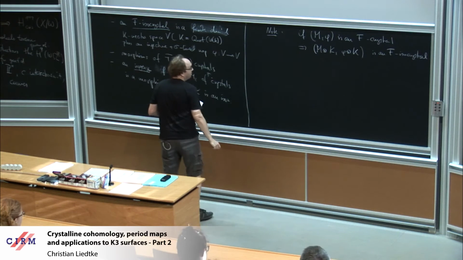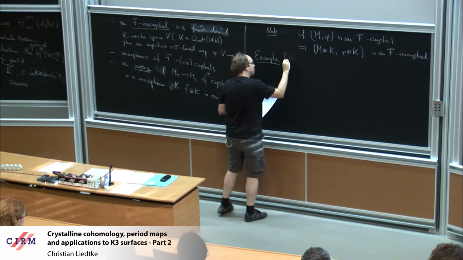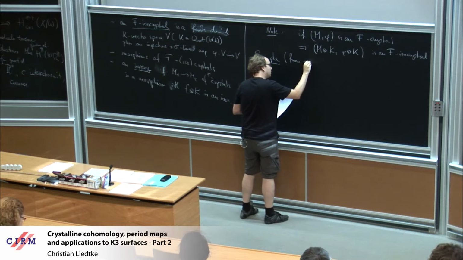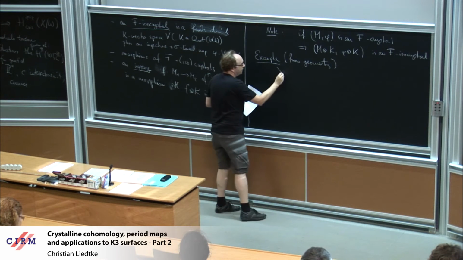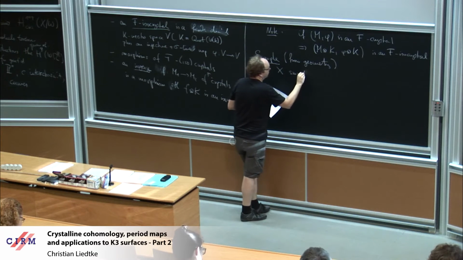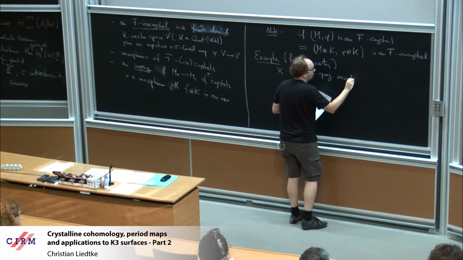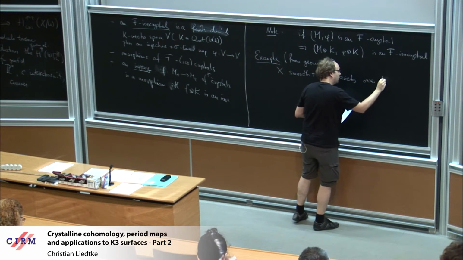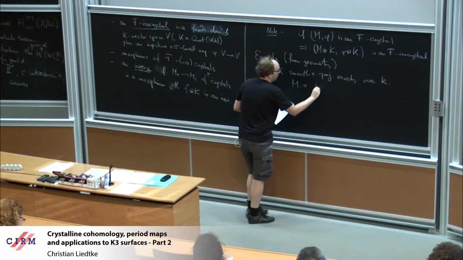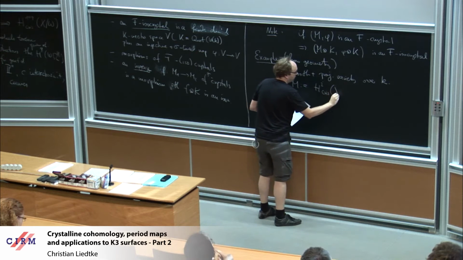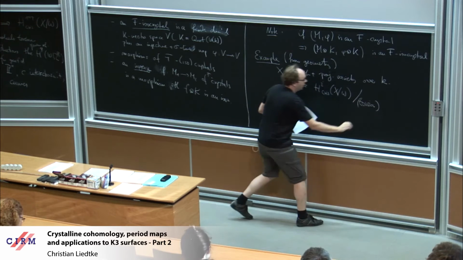And so the main example, of course, is if you have a smooth and projective variety X over K, then you set M to be the crystalline cohomology and you mod out the torsion.